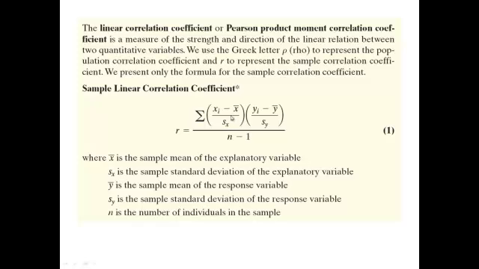I've got s sub x, that's the sample standard deviation of the x's. I've got y sub i, and I've got y bar and s sub y, the sample mean and the sample standard deviation of the y's. And we take this expression in the numerator and divide by n minus 1. Remember that n is simply the sample size.